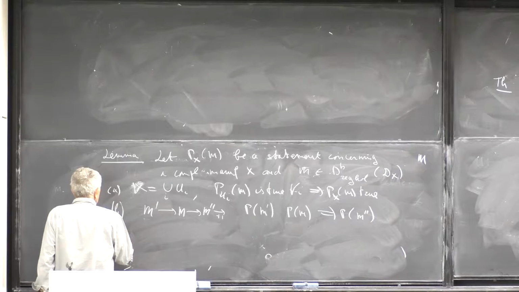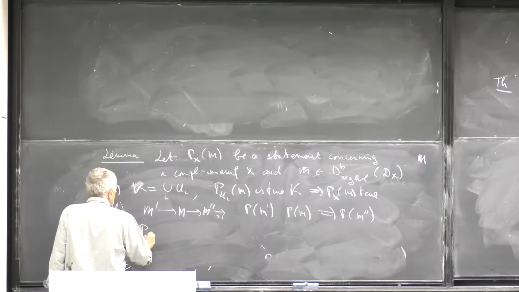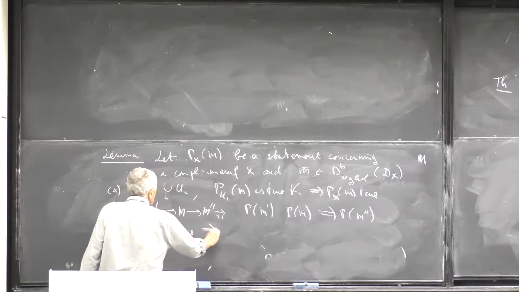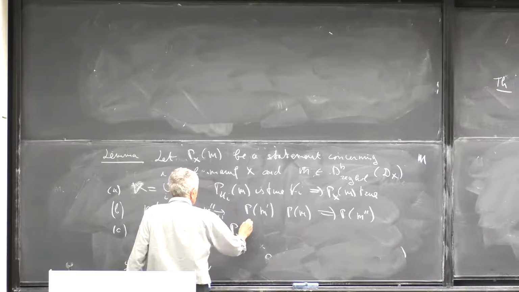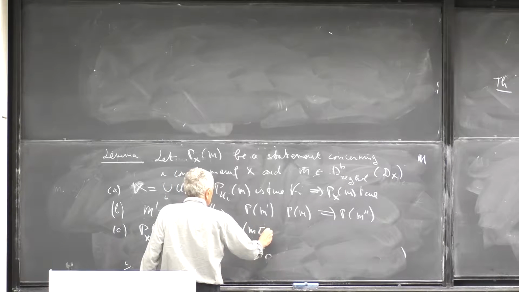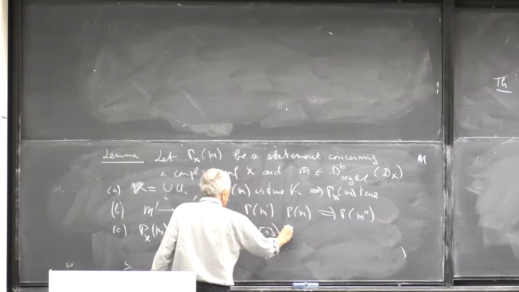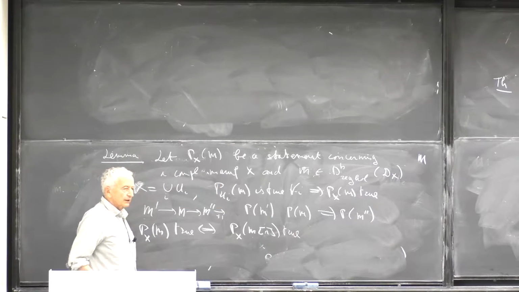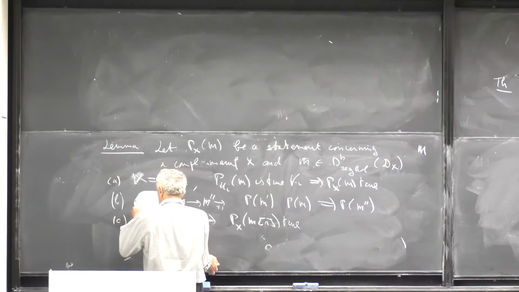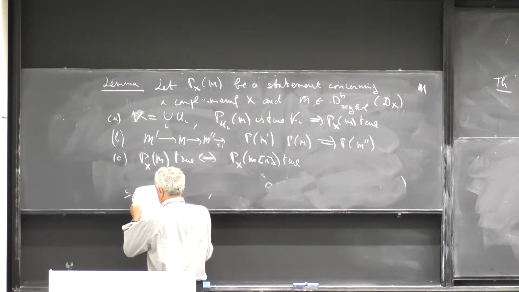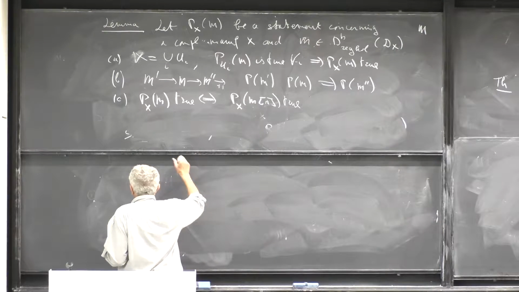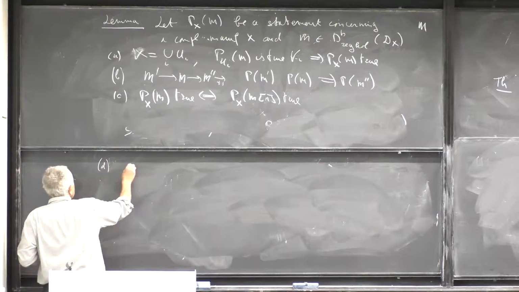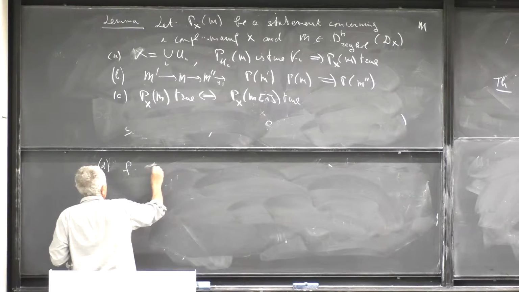Never mind. P(X, M) is true if and only if P(X, M) shifted by anything is true. It's invariant by shift, by distinguished triangle. And until now, it's more or less obvious to check. And now it's more difficult to take a projective morphism.